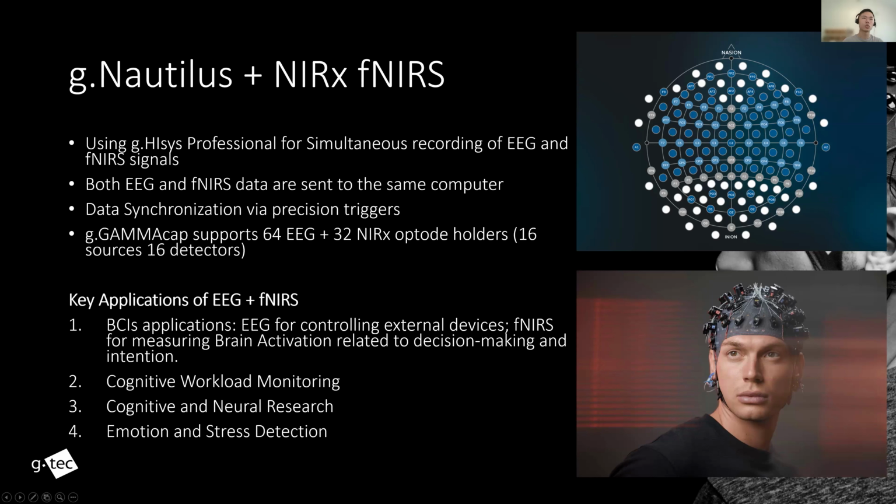Some key application for EEG plus fNIRS combination is also robust BCI control. As you know, EEG is measuring electric signal, but fNIRS is measuring the optical signals. So we're actually applying two methodologies for one BCI control, making the control signal more robust.